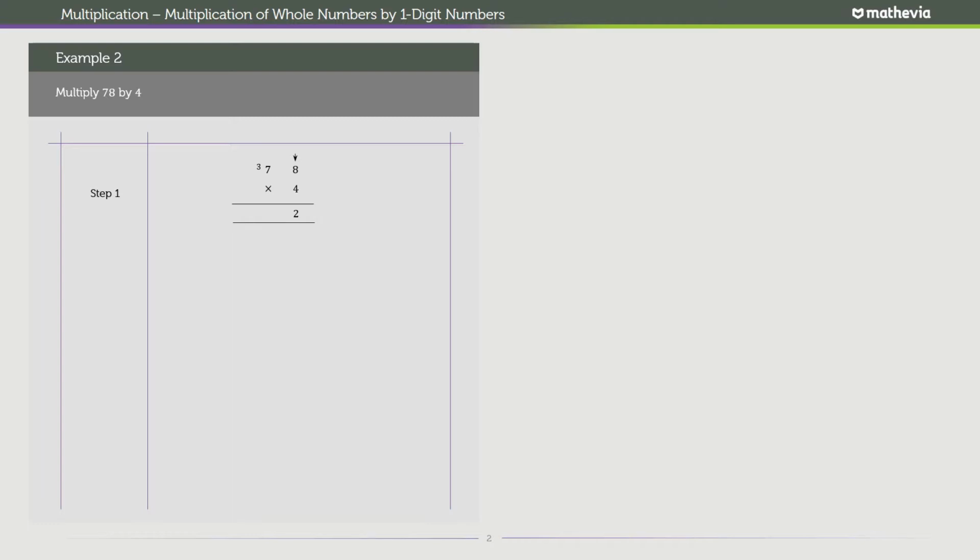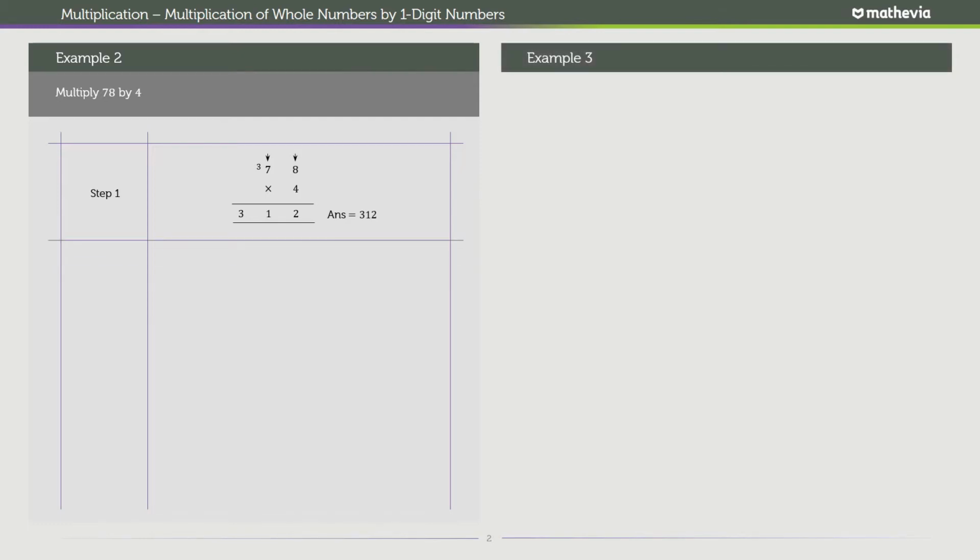Then we say 4 times 7. 4 times 7 will give us 28, and then we add the 3 to give us 31, and we write down 31. Quite simply, the final answer in this case is 312.